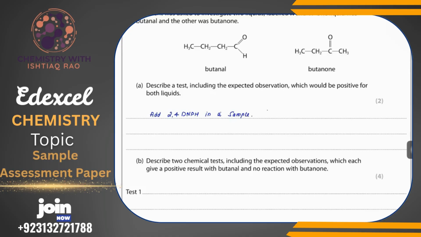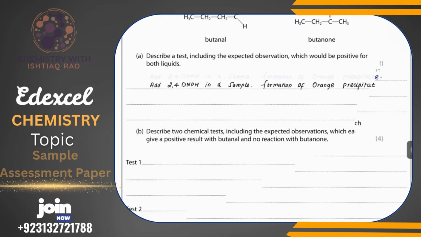So formation of what? Orange precipitate, not yellow. Oh, okay, fine. Yellow precipitate is the iodoform test.